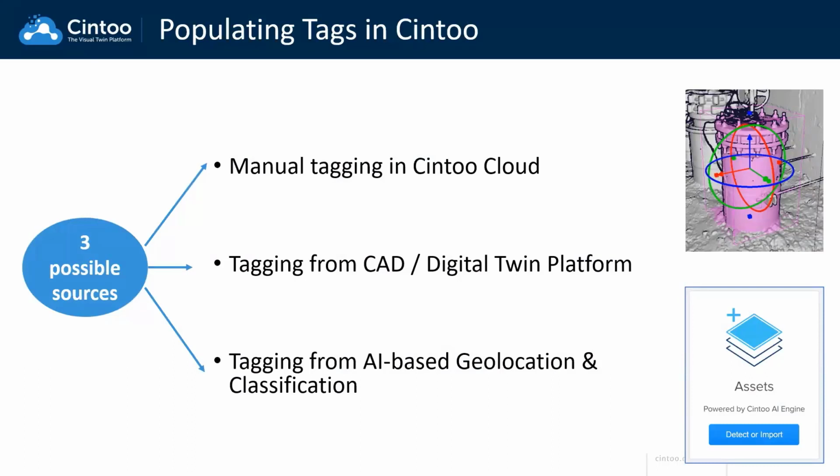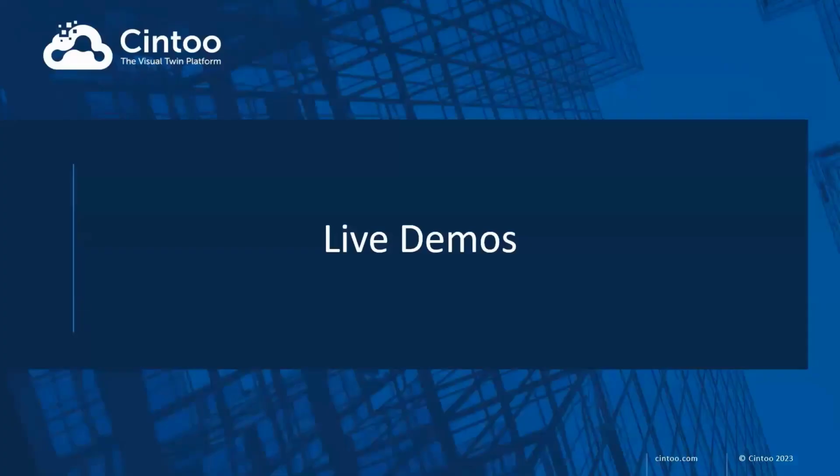Or you can also use our AI engine to automatically search, geolocate and classify various equipment and then create the foundations for your tagging. I will leave it now to Stephen to show you how it works inside Cintu. Stephen?